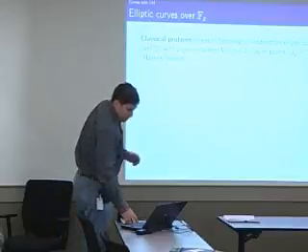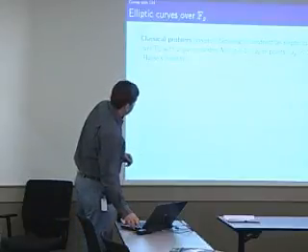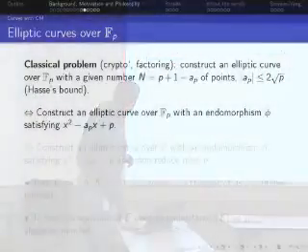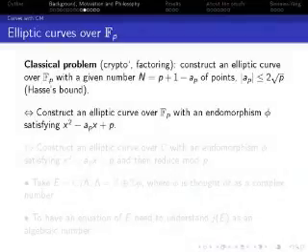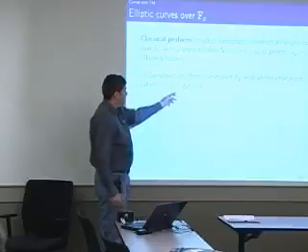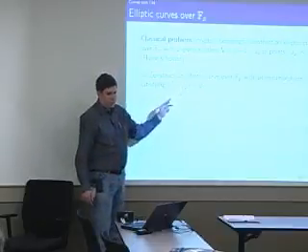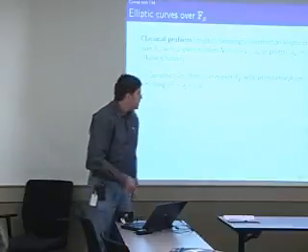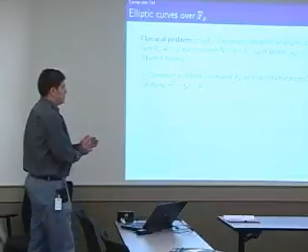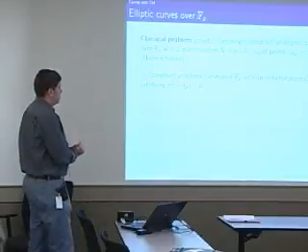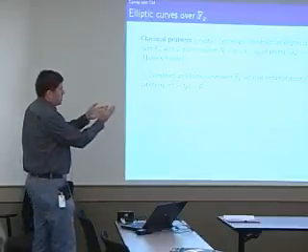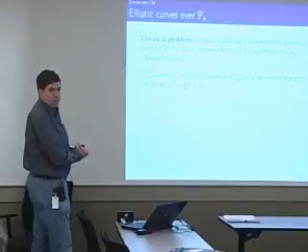And one technique to construct those is, well, first one observes that it's the same as to construct an elliptic curve over Fp with an endomorphism satisfying this equation. Okay, that's a bit of a leap, but if you have seen a bit of elliptic curves, that's probably known to you. This phi must then be the Frobenius endomorphism of the elliptic curve.